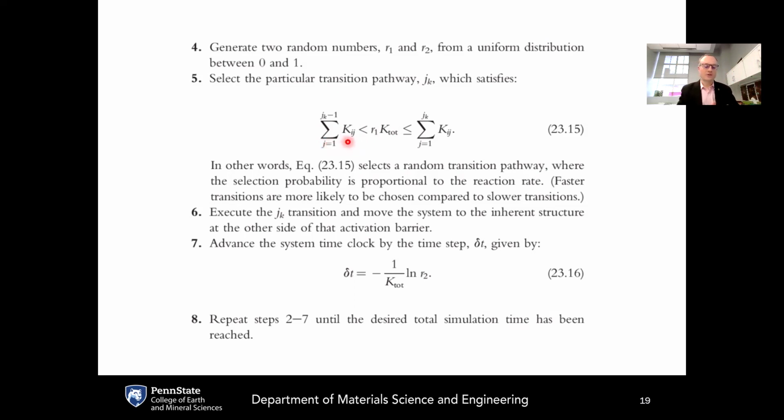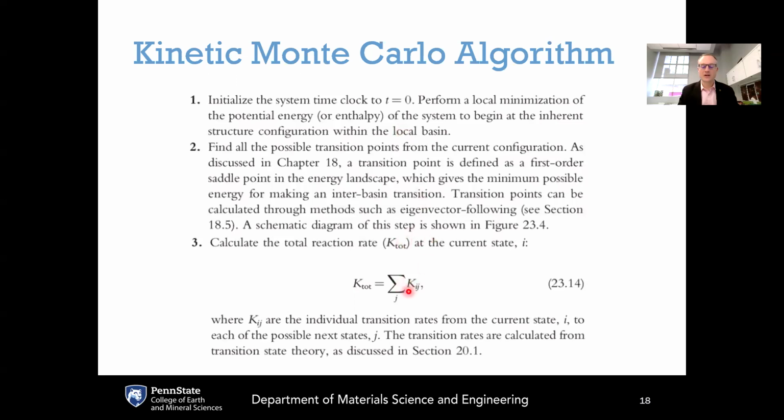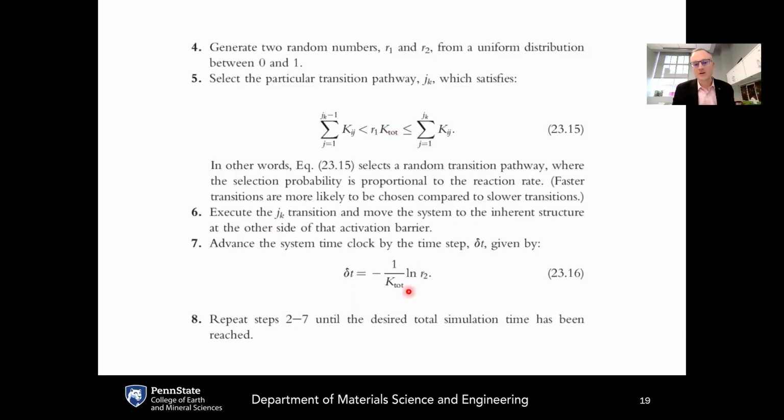So what we have here is a ranking of all these transition rates. The rates that are faster correspond to the lower barriers, and they are more likely to be chosen. The probability function that governs that is, of course, the Boltzmann probability factor that governs transition state theory. So we randomly pick one of these transition pathways, weighted according to the Boltzmann distribution.